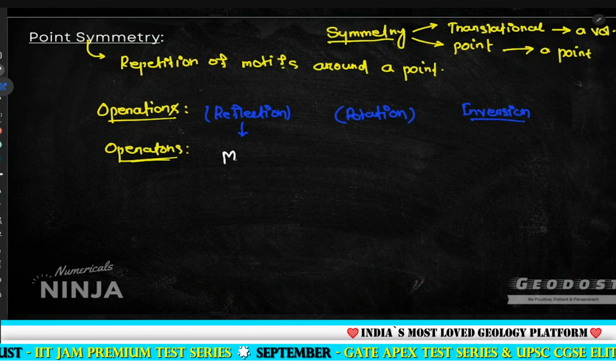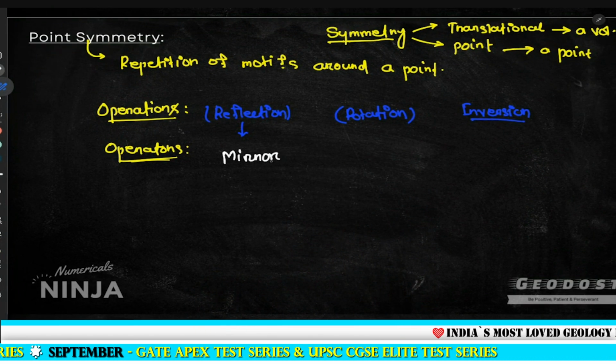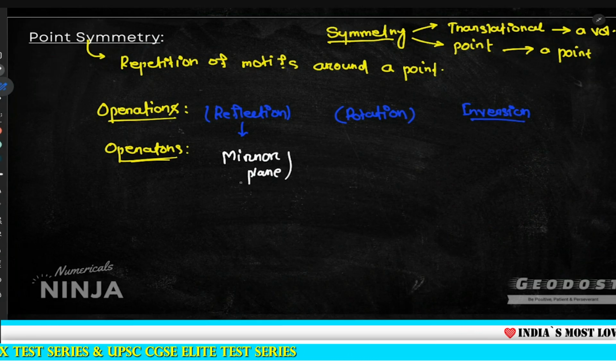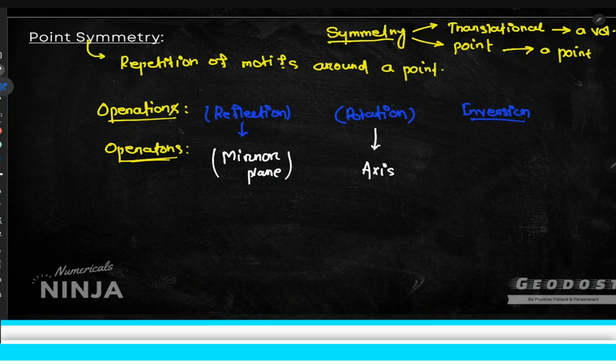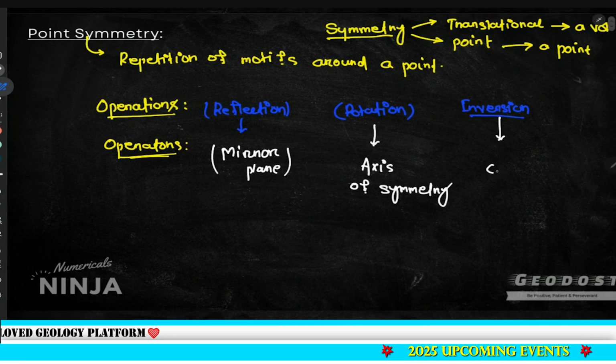It will be the mirror plane. The mirror plane operates the reflection operation. In case of rotation, it will be the axis. Two-fold axis of symmetry, three-fold axis of symmetry, simply you can also write axis of symmetry. In case of inversion, it is the center of symmetry.